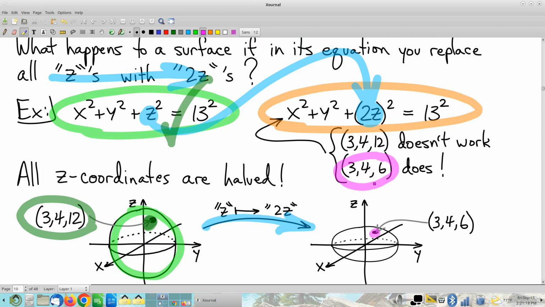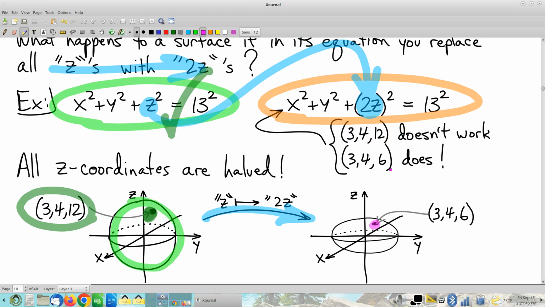So the punchline then is that when you have points on your original surface, this action of replacing every z with 2z effectively takes every point on your surface and cuts the z coordinate in half. So, said differently, replacing z with 2z squishes your surface vertically by a factor of 2.